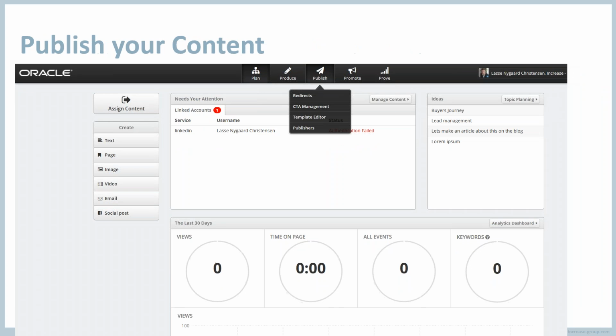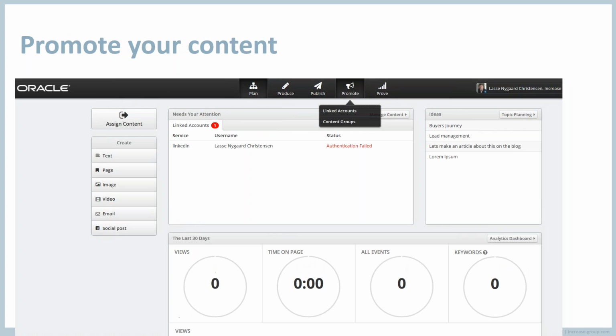When you go into publish, you will be able to shoot your created content out to the relevant platforms. Sorry, Lasse is changing the slides here. When you've done that, you can promote it also through linked accounts, and obviously, if you have created something brilliant, you want as many people to see it as possible.